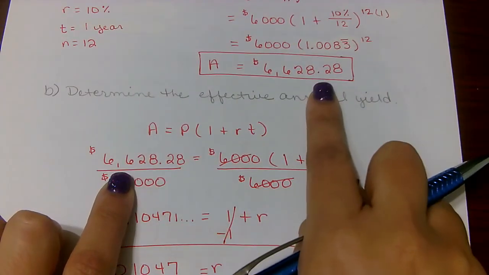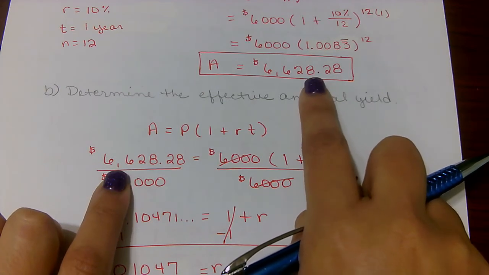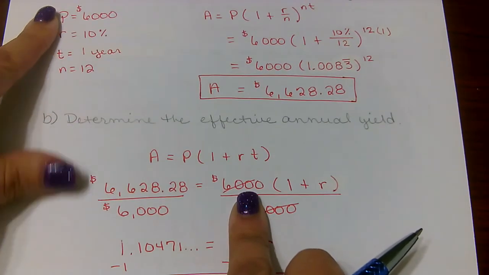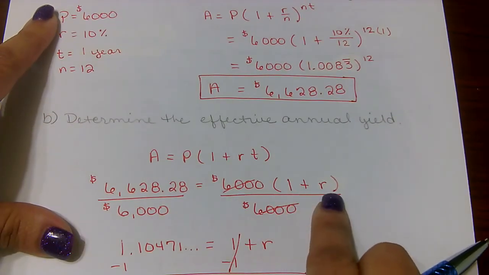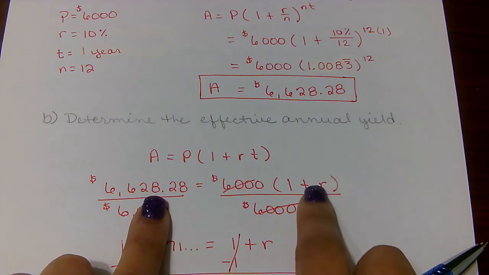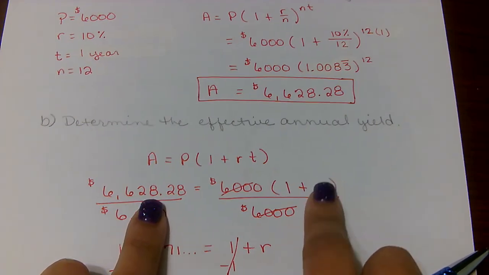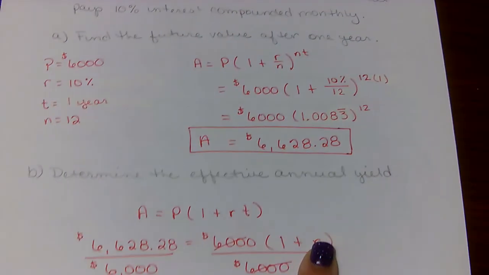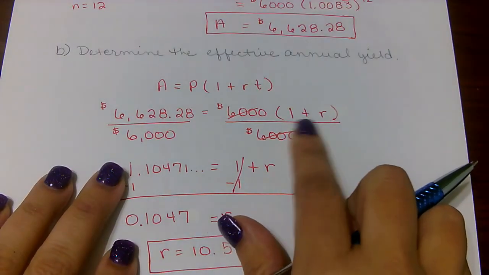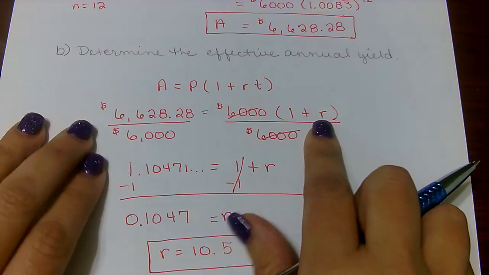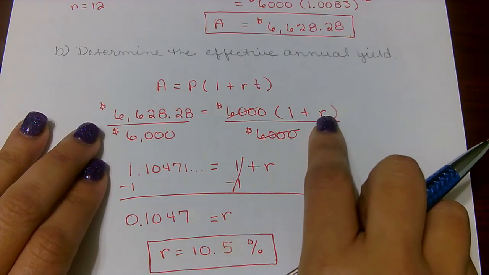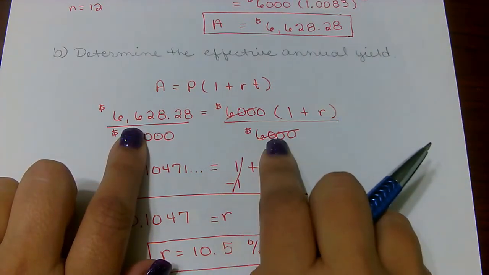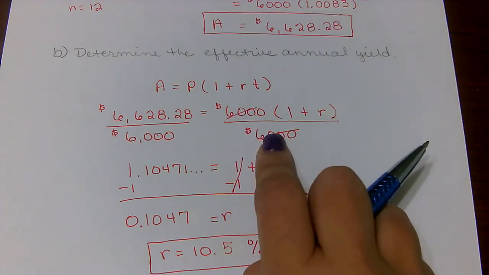Our A is going to be the amount we found in part A, equal to P is still going to be 6,000, 1 plus R. Remember, in this case, it's a simple interest rate, and this one was used for our compounding interest. Since we have a different interest rate if it was simple, we're going to leave this value as a variable. First thing I'm going to do is divide by 6,000, which cancels these two out.